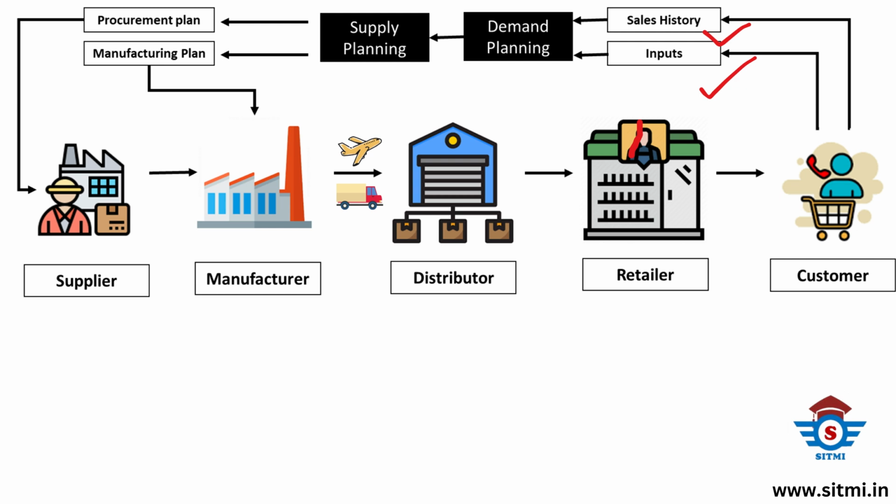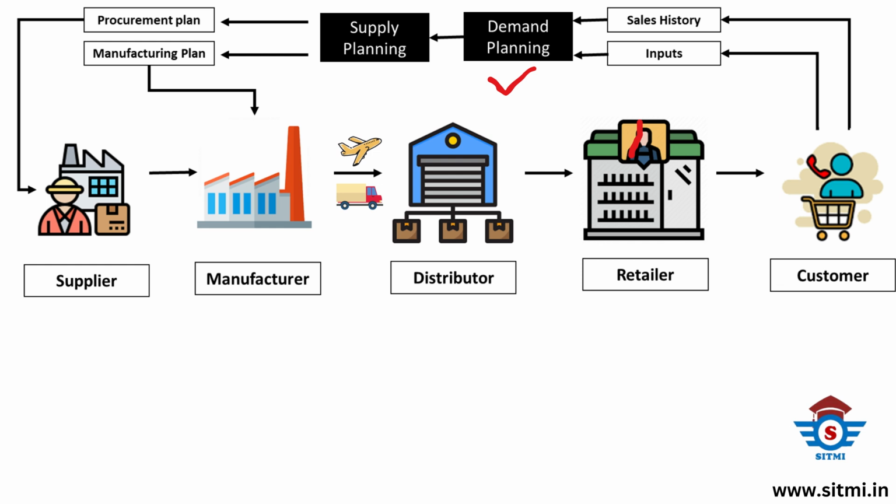The second input that we get is sales history. That means what customers used to purchase in the past, and based on that sales history, the demand planning process is run. So both these inputs, customers' changed patterns or requirements and previous sales history of different products, form an input for the demand planning process.